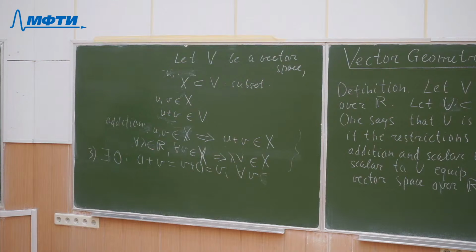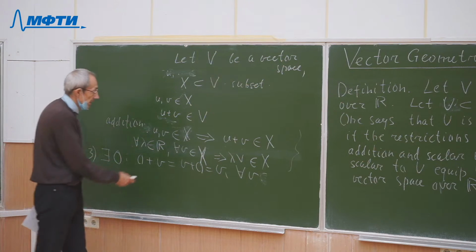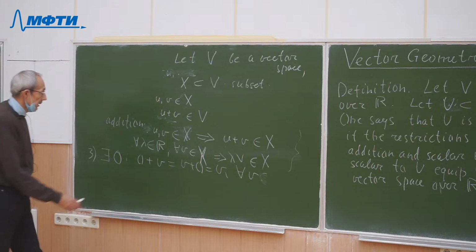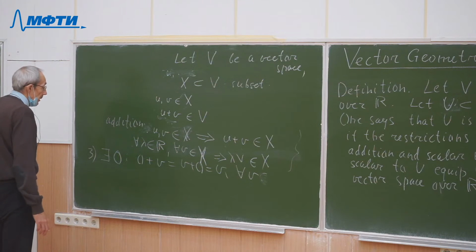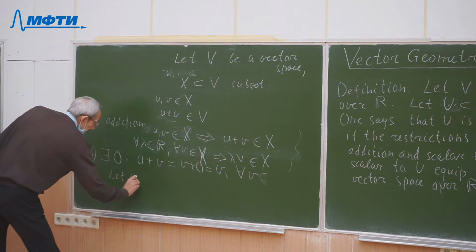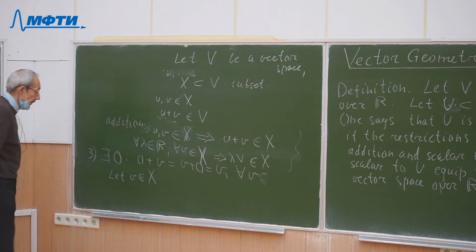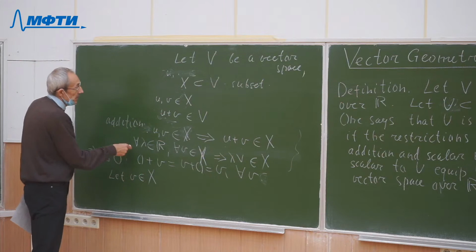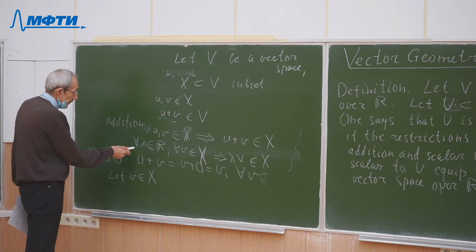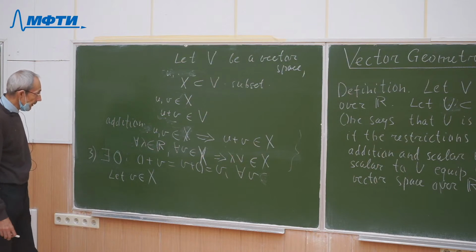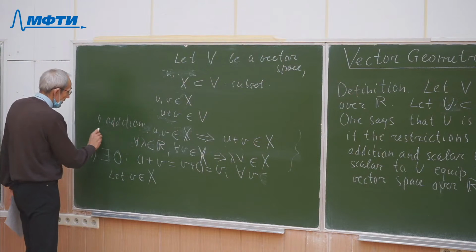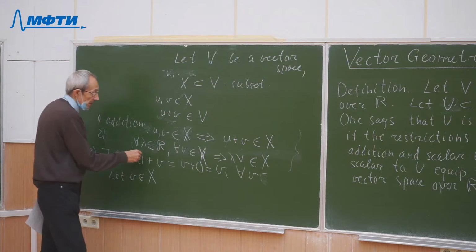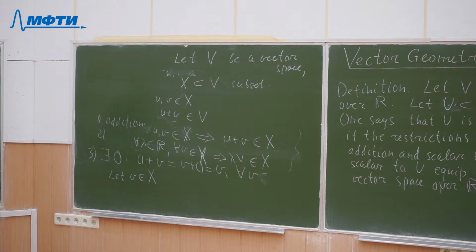Let's prove that 0 in this case lies in X. Let v be some vector from X, and we suppose that X is closed under this operation, and the second condition, closedness under scalar multiplication, is fulfilled.